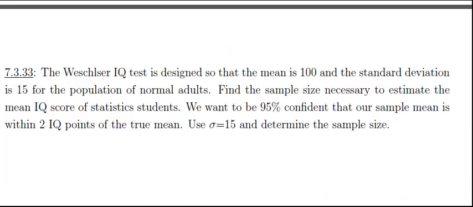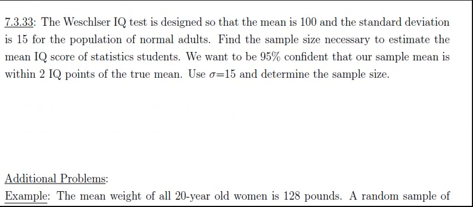Alright, so let's use that formula for 7.3.33 in the book. There's an IQ test designed so that the mean is 100 and standard deviation is 15. Find the sample size necessary to estimate the mean IQ score for statistics students. We want to be 95% confident, so that's our confidence level. That's how we would get our z-score.